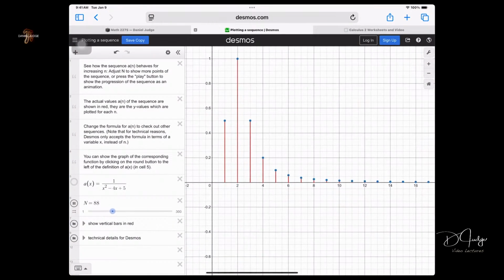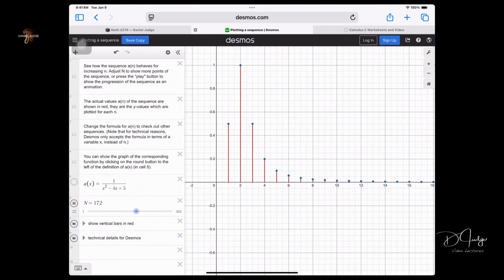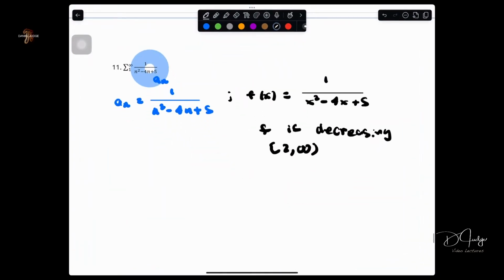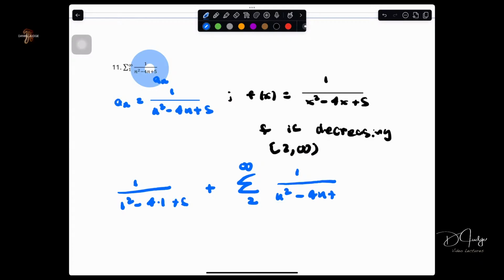These are the x values starting at 2, going to infinity. Then you have a function that's decreasing. So really, you're looking at this sequence this way. Look at the first term, 1 squared minus 4 times 1 plus 5, plus the sum starting at 2 to infinity of 1 over n squared minus 4n plus 5.